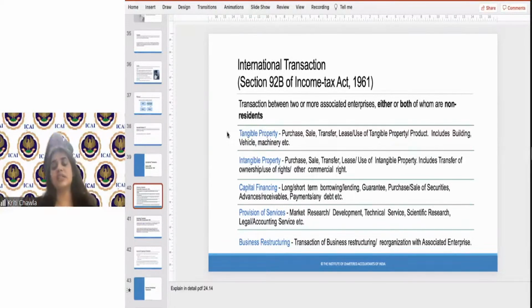That will also be called an international transaction for the purposes of the Income Tax Act. So even if there is a demerger transaction or two entities are merging to form one whole entity, that will also be considered as an international transaction for the purposes of section 92B.